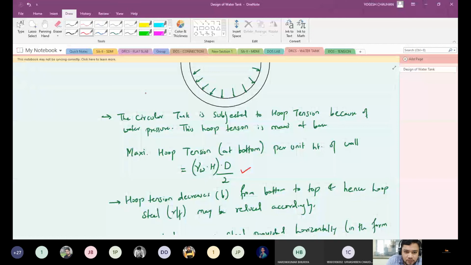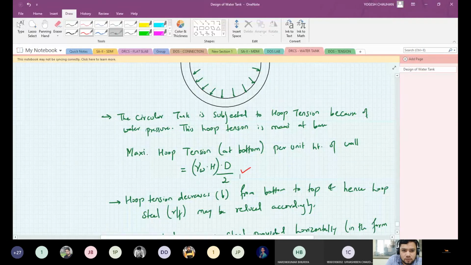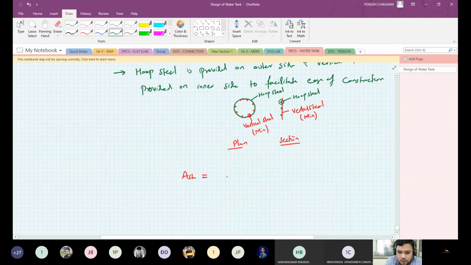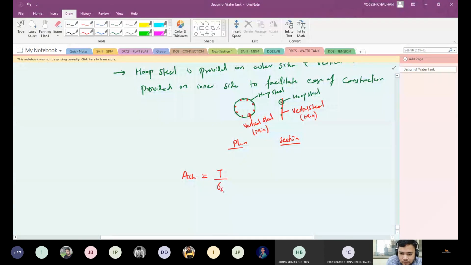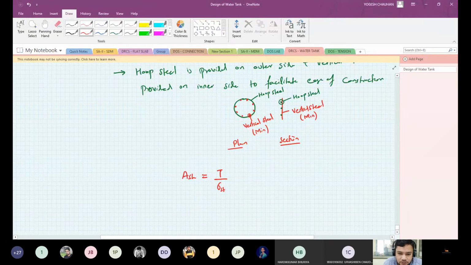We call this T. So the area of the hoop steel is nothing but T divided by sigma st. From the earlier theory, we have seen that for a member subjected to tension only, the area of steel is given by tension divided by the permissible tensile stress in steel.